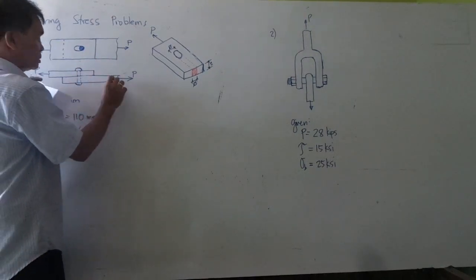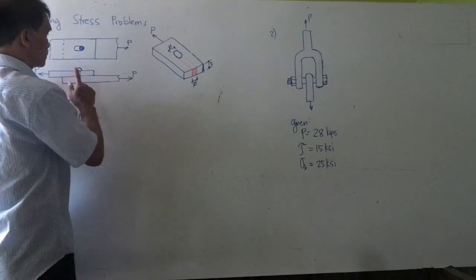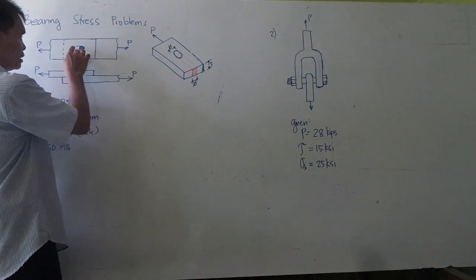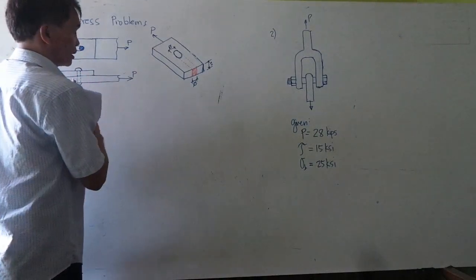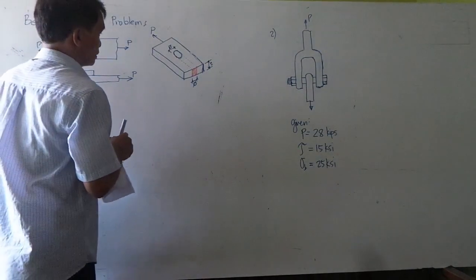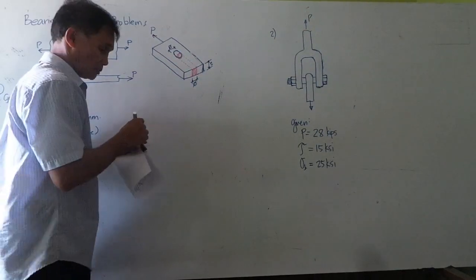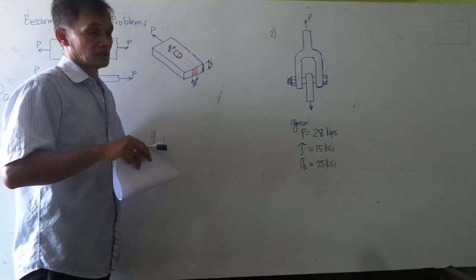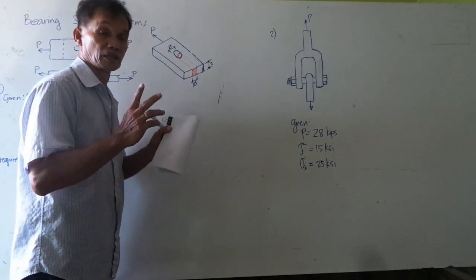If the force is applied to its end, as tension, the possibility is that the hole, which was originally round, will elongate. Bearing stress is developed due to two bodies in contact.